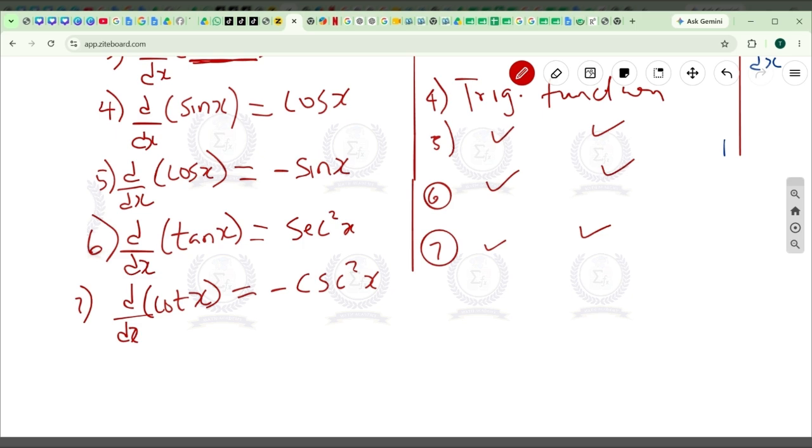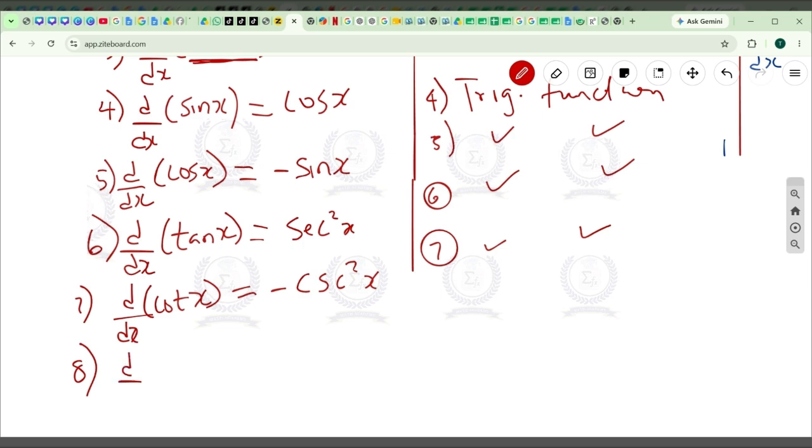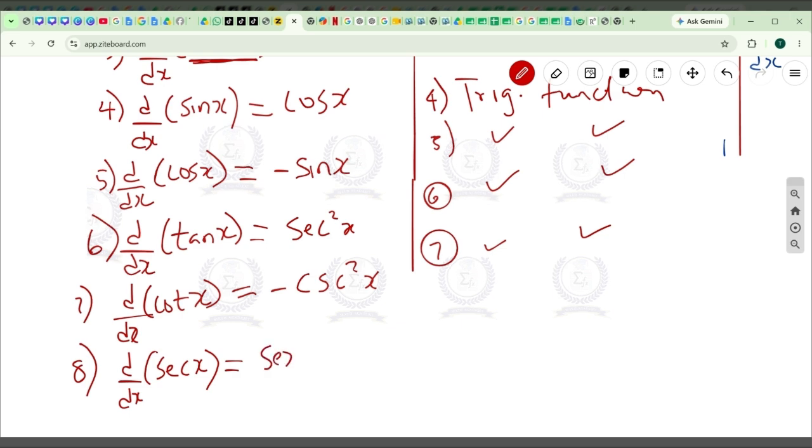Okay, so let's look at number 8. If we have a function as d over dx of sec x, if you differentiate this, what we have is sec x tan x.